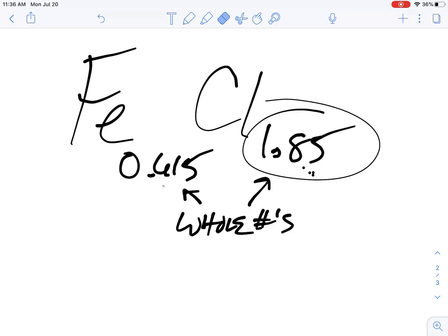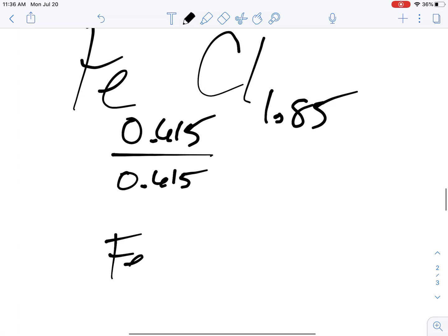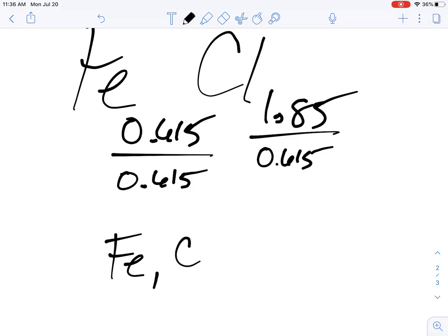So how do you take a fraction and turn it into a whole? Well, the easiest way is to simply divide by the smallest number. The smaller of the two numbers here is 0.615. So I'm going to divide this by 0.615. And when I do, obviously, I get a 1. But if I then divide this by 0.615, that turns out to be right at about 3.